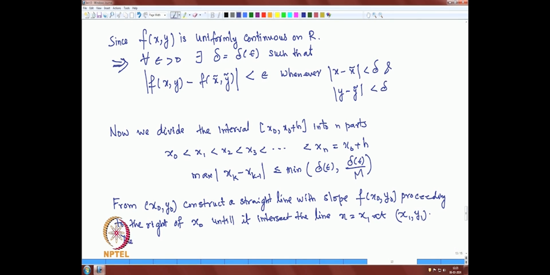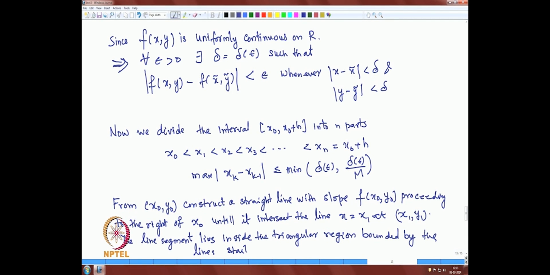Now, this line segment lies inside the triangular region bounded by the lines starting from (x0, y0) with the slopes m and -m.